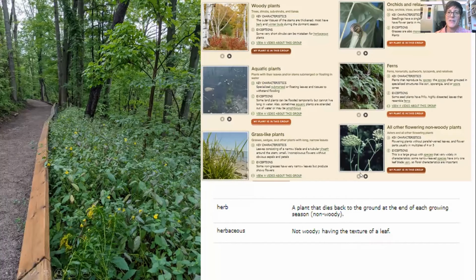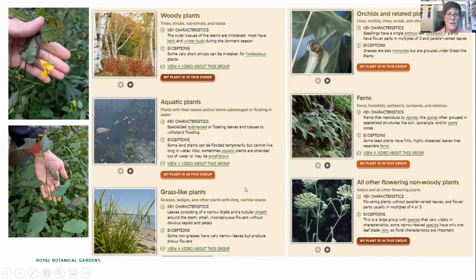to another set of, oops, I forgot. In the pictures that I showed you here, I'm actually not really sure if it's in these other groups. I know it's not a grass or fern or an orchid, but could it be aquatic? I didn't show you the habitat in these pictures, and I didn't show you enough of the plant to know if it's woody.